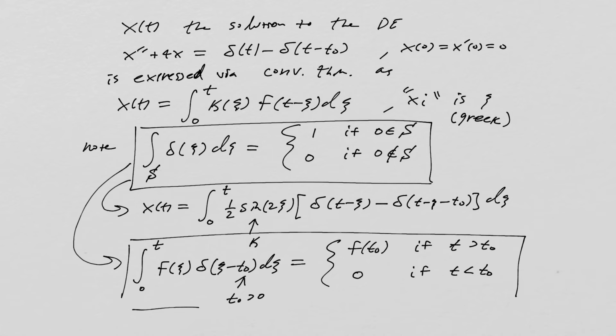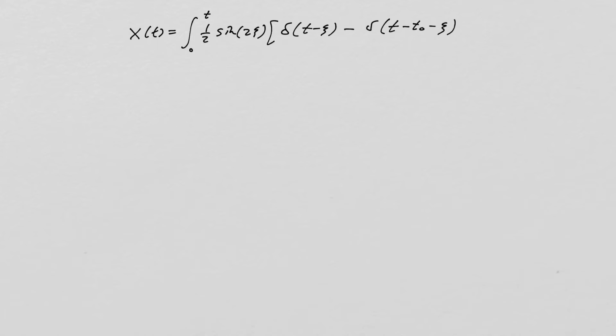Okay, so with that, I'm going to go to the next page and rewrite what we had before. And see what we have here is actually a t minus c minus delta, and we can write it as t minus t naught minus c dc.